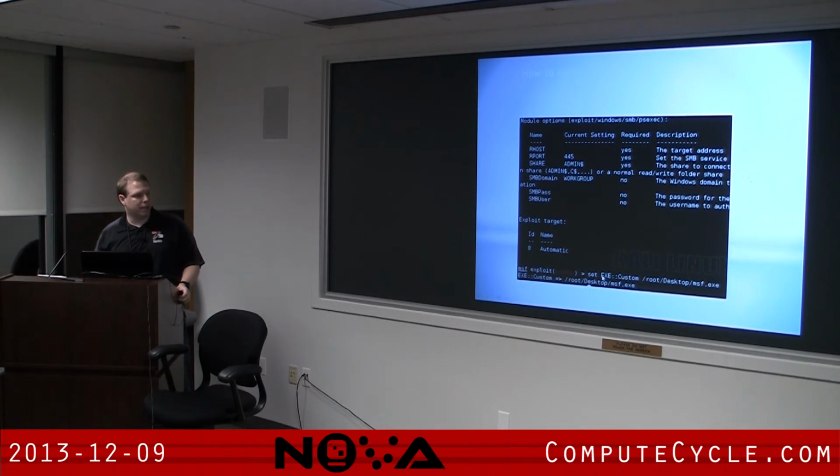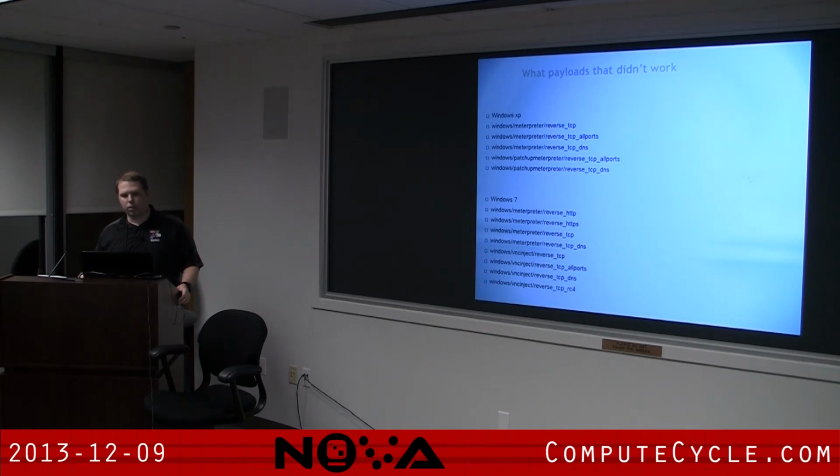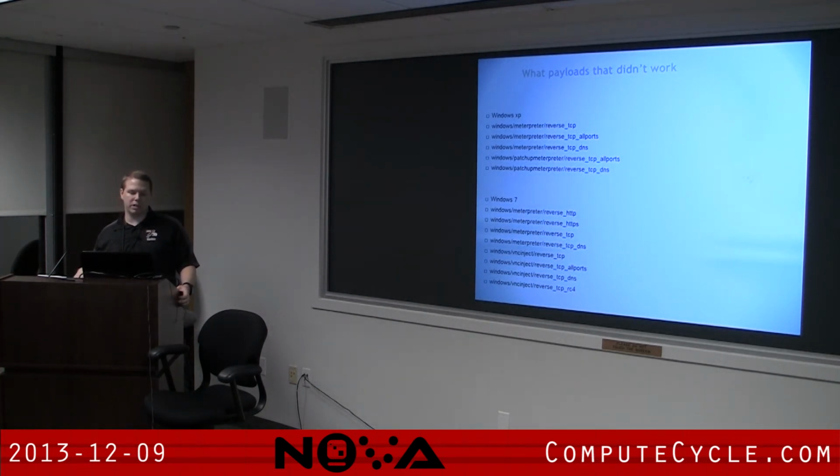If you type set EXE custom, and then wherever your exe is, that'll let you use that custom exe instead of a payload. At the time that I ran it, there were payloads that didn't work on Windows XP and Windows 7, and I meant to get back with Chris and figure out what the deal was. I think it was just the way the functions ended up writing.